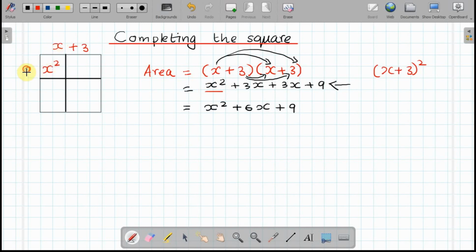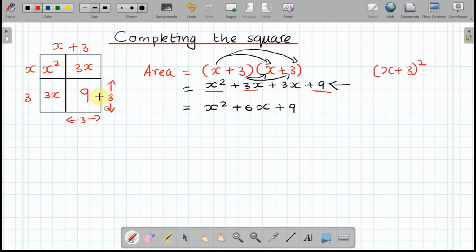So x times x. And 3x is here. 3 times x. The other 3x is here. 3 times x. And then we have the final area, the square of 9, which is a 3 by 3 square.